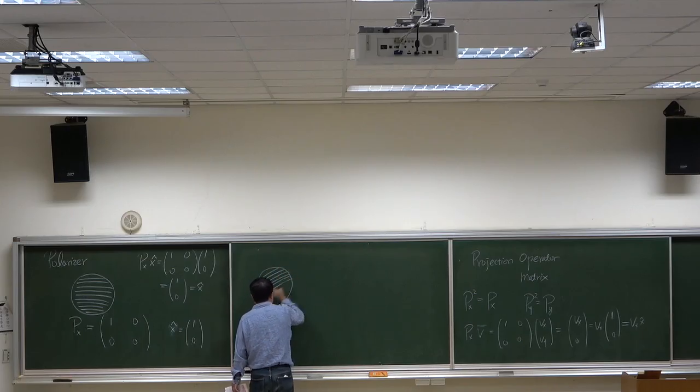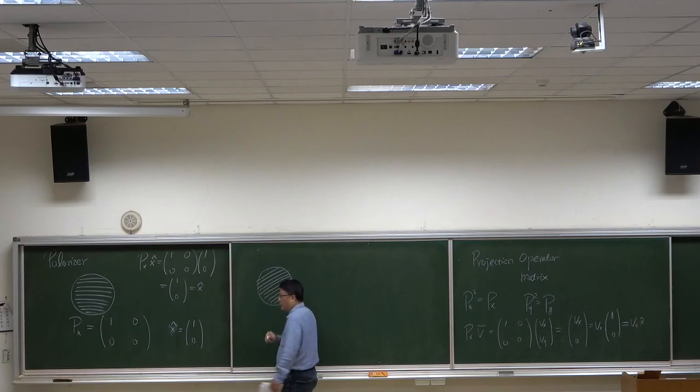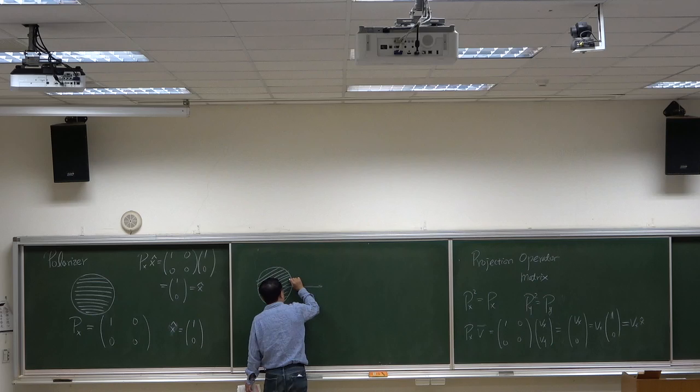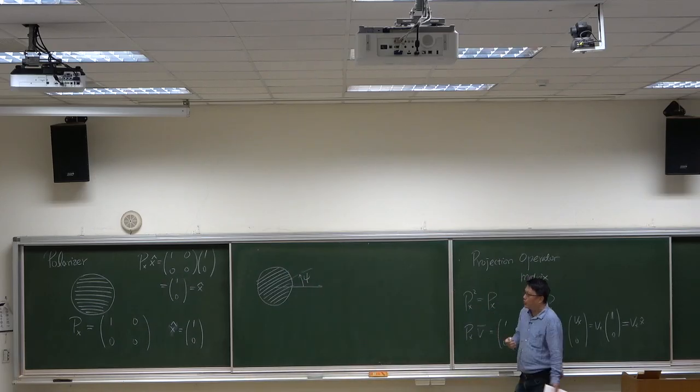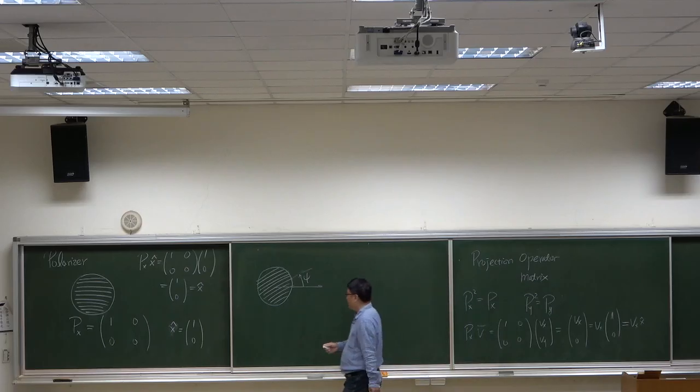If the transmitting axis of the polarizer makes an angle with respect to the x-axis, the angle is psi, then how to represent this polarizer mathematically?